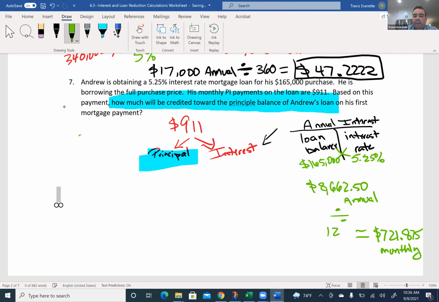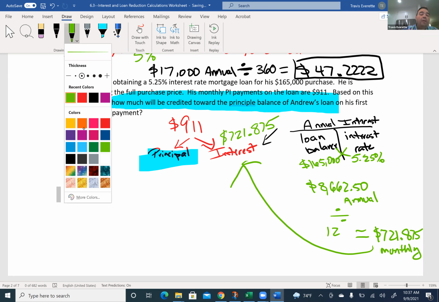Well, here's the great thing, folks. I can move that right over here. That interest is $721.875 for that payment. Now, I know how much the total payment is. I know how much the interest in that payment is. I can come up with the principal.